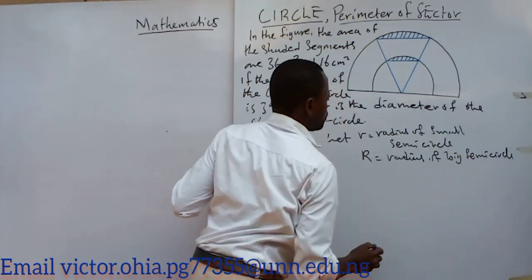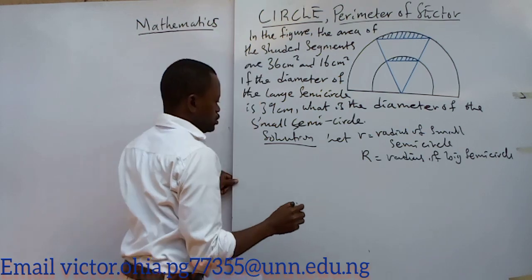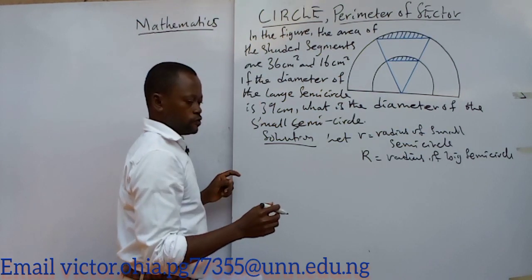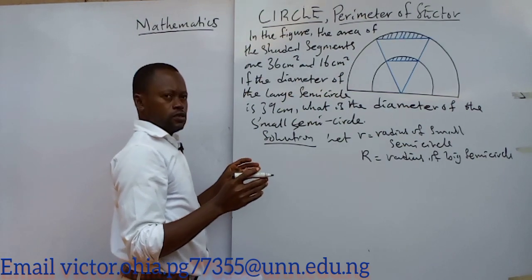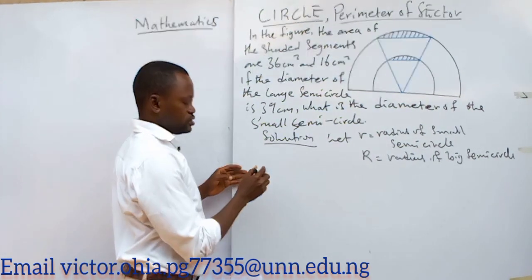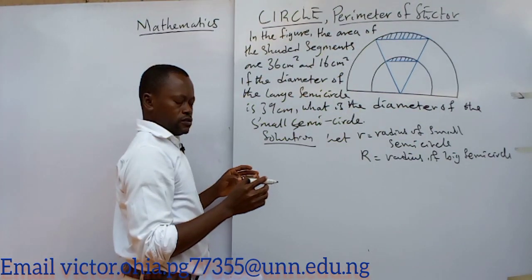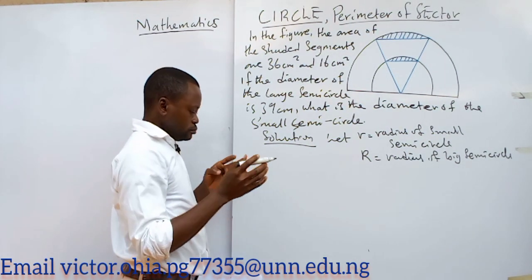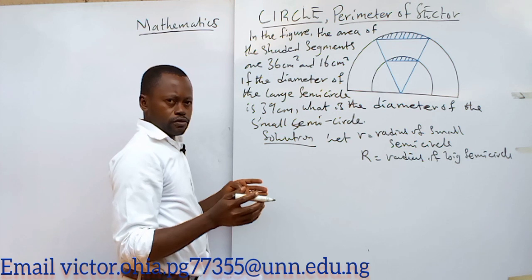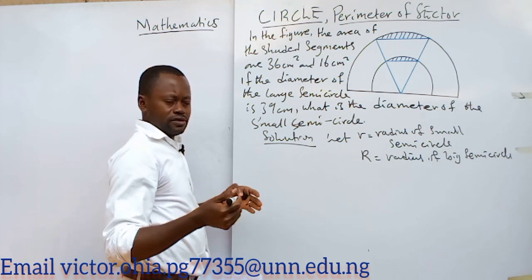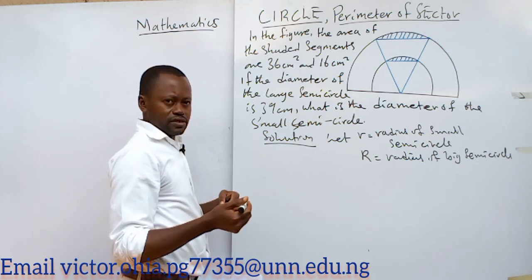Now, in the expression of a minor segment, you know that a minor segment is given by area of sector minus area of triangle, which we have looked at enormously in the previous classes.